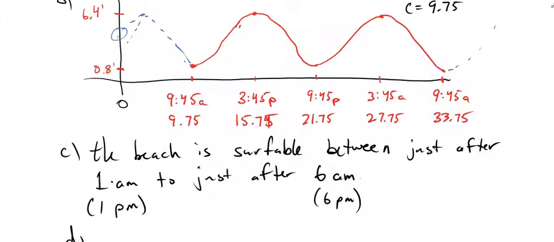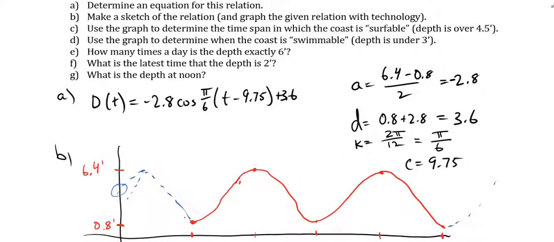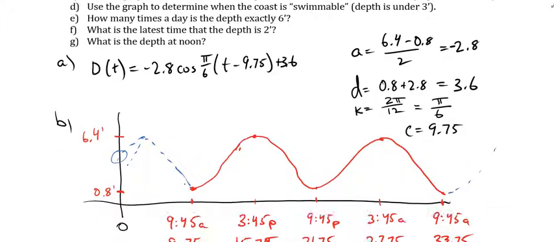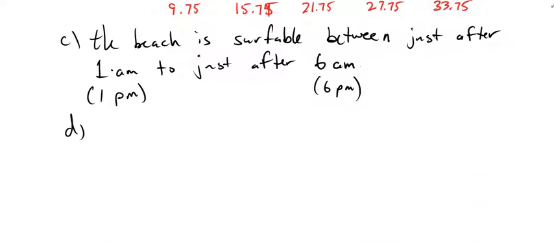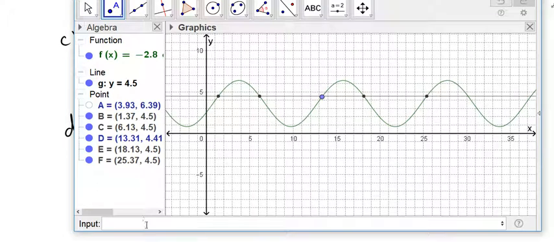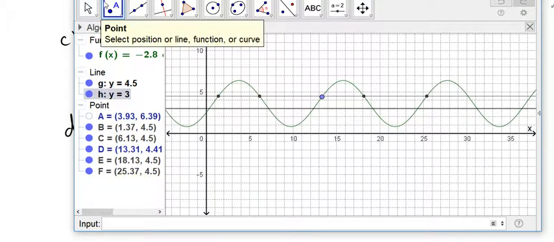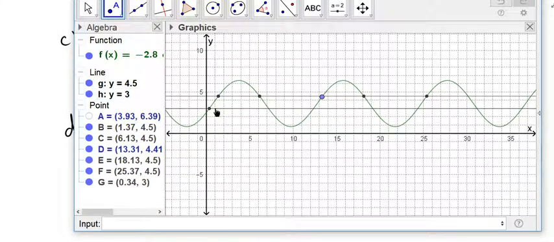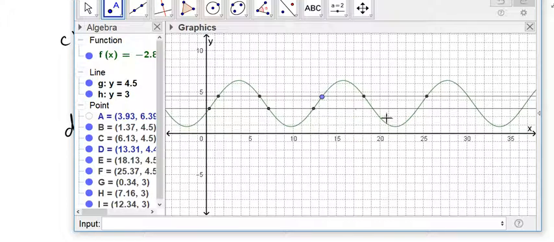Stop me if you have any questions. D, use a graph to determine when the coast is swimmable. The depth is under 3 feet. So we'll do the same thing. I go y equals 3, but now we're looking for where it's below that.